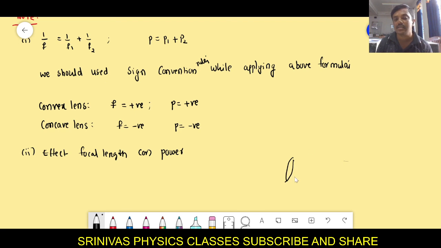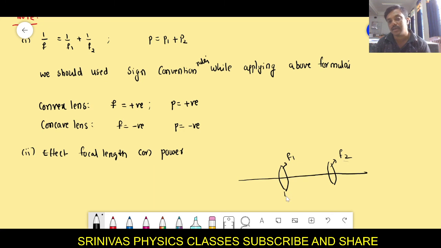The first lens has focal length f1, the second lens has focal length f2, and they are separated by d distance. Then what is the total focal length?